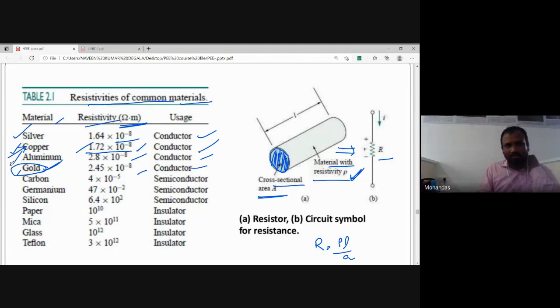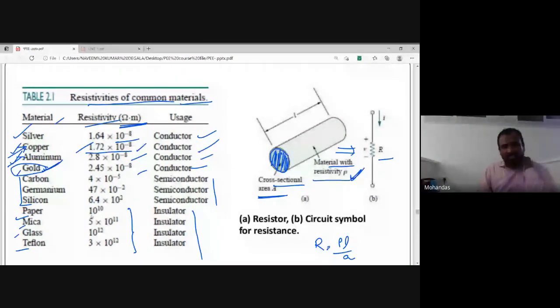Copper or aluminum. Okay. Now carbon, germanium, silicon, these are common semiconductors. Paper, mica, glass, and Teflon, these are common insulators. Because of the resistance, if you observe the resistance of the insulator, see how much resistance.